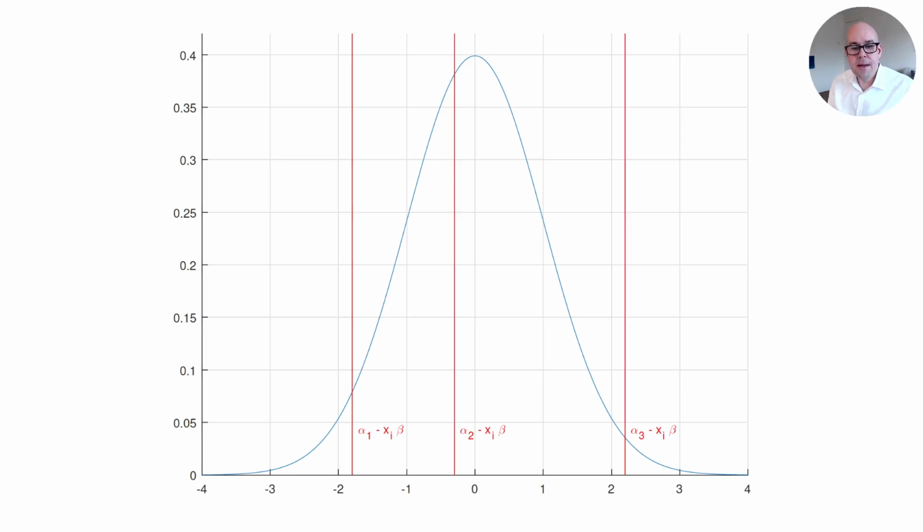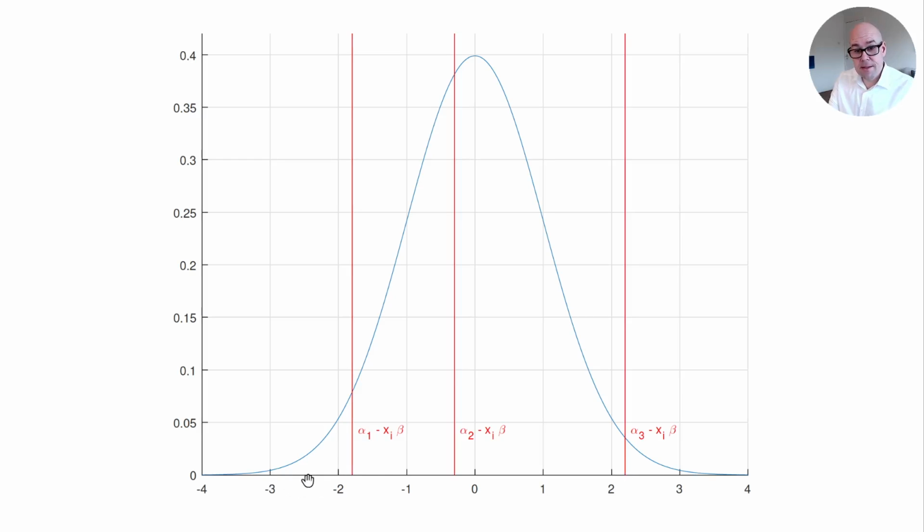So here you see again a plot with a density of epsilon. Again, this is for the ordered logit model, so this is the logistic distribution underlying this plot. I now have three thresholds here: alpha 1 minus xi beta, alpha 2 minus xi beta, alpha 3 minus xi beta.